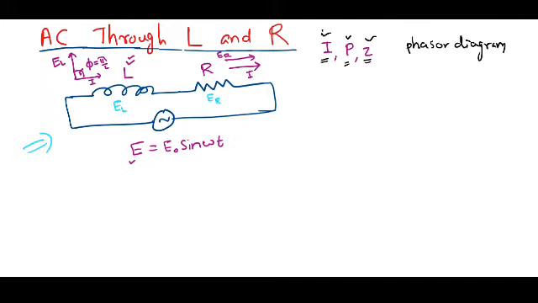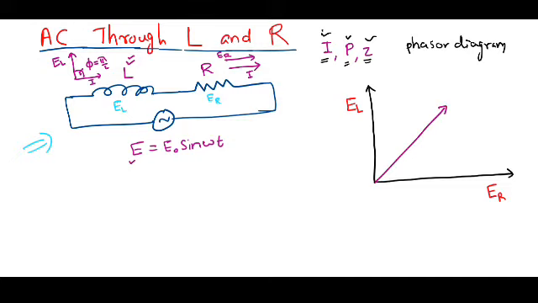With this information, we can draw the phasor diagram of this LR circuit. On the x-axis, we have the voltage across the resistor, that is ER. The voltage across the inductor leads, that is along the positive y-axis, EL. The net voltage in the circuit, we can draw this one, that is, this is the net voltage in the circuit.